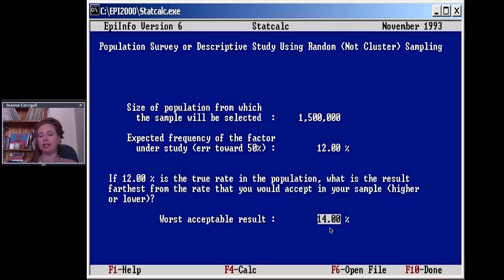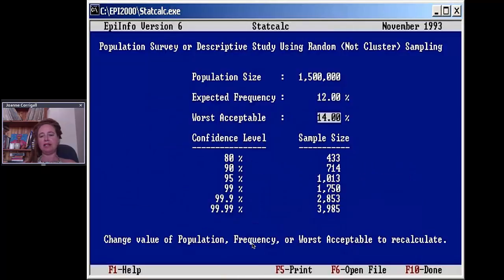And you could either put it in as the higher level or the lower. And remember we said we wanted plus or minus 2% level of accuracy. So here you plug in 14. And then you just press enter, and it tells you what sample size you would need for any particular confidence interval level. The standard confidence level that people use is 95%.